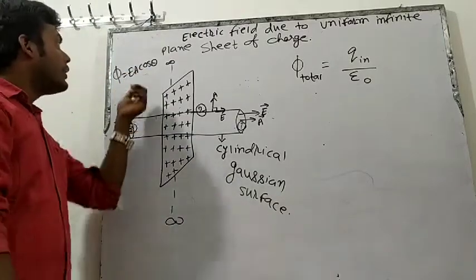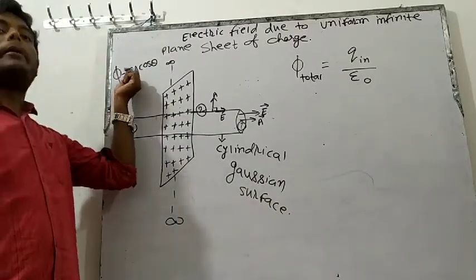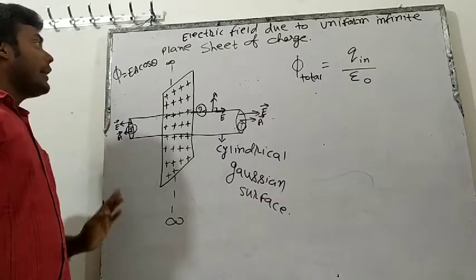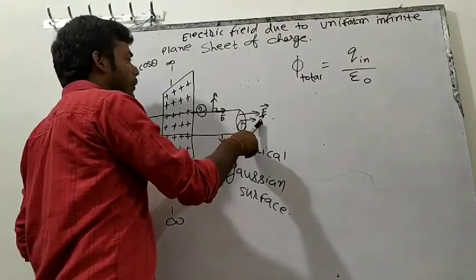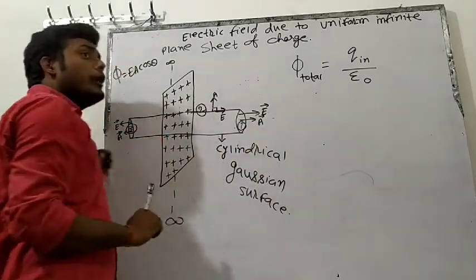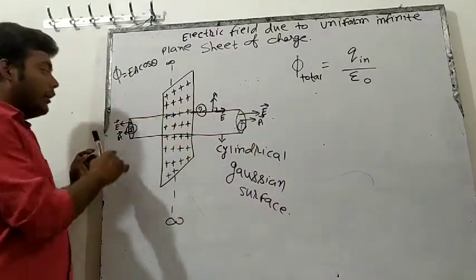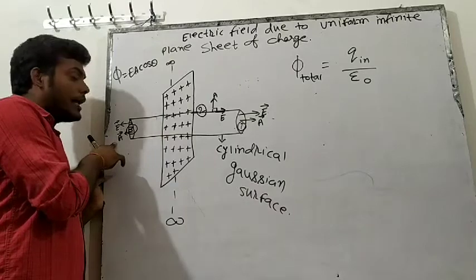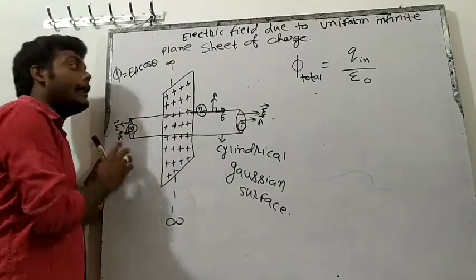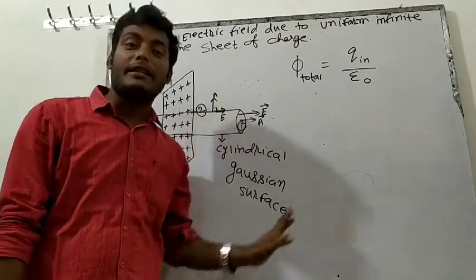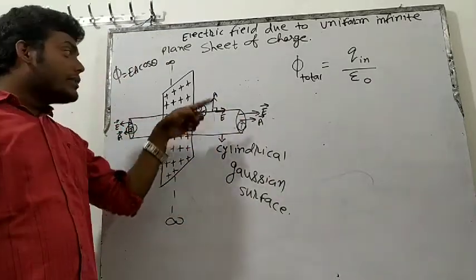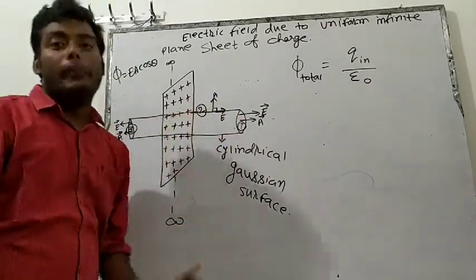For the cross sections, flux is EA cos 0, which is EA. For the curved surface, theta is 90, so EA cos 90 is 0. So the curved surface will not contribute in making flux.